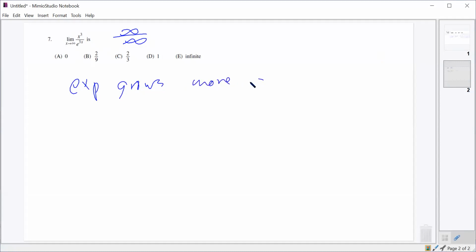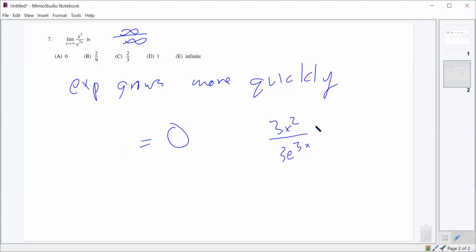So if the denominator is growing more quickly than the numerator, then that means we should be approaching 0. But if we don't remember that, you can also just use L'Hopital's rule, which gives you 3x squared over 3e to the 3x, which is still infinity over infinity. But then you can use it again to get 6x over 9e to the 3x, which is still infinity over infinity.